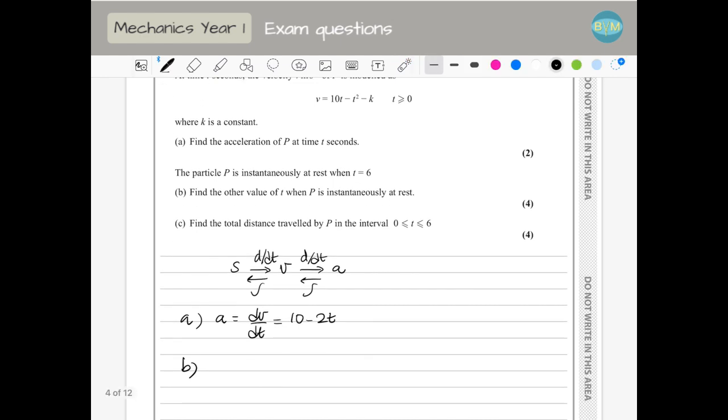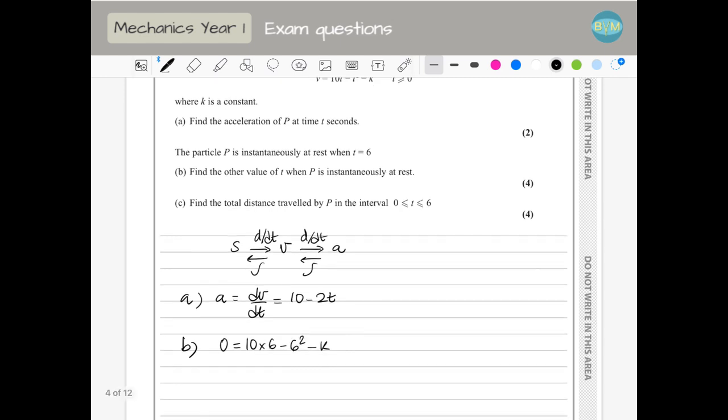So I have that 0 is equal to 10 times 6 minus 6 squared minus k. So we have k is 60 minus 36, which is 24. That means that the velocity is 10t minus t squared minus 24.